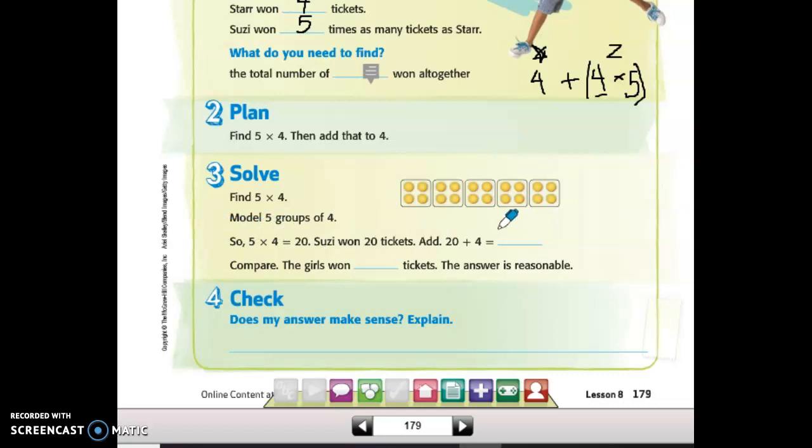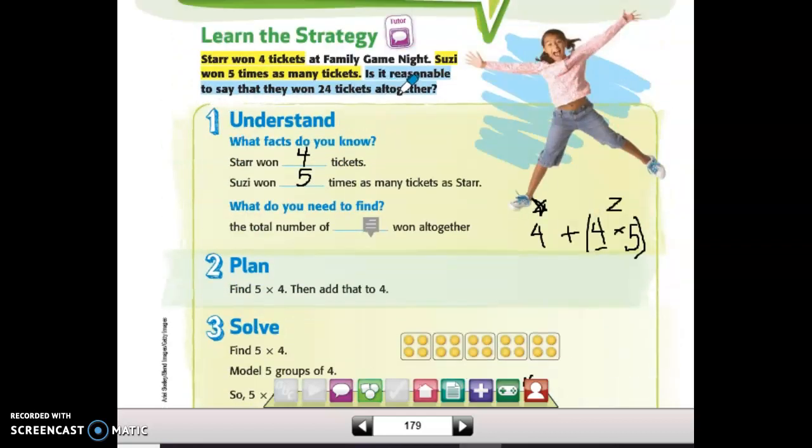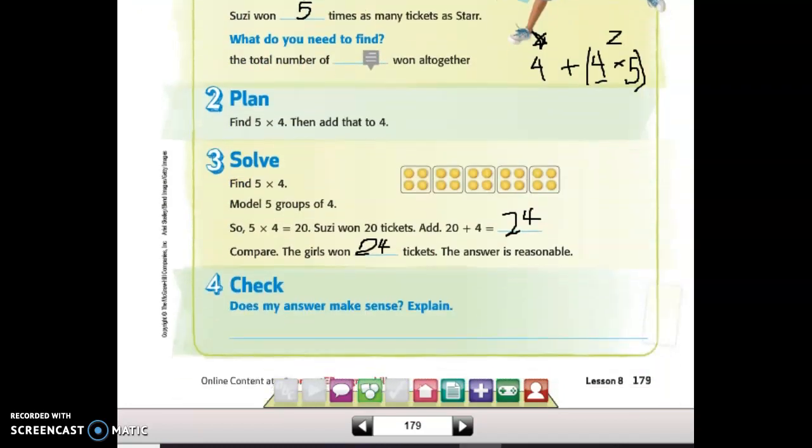Add 20 plus 4 is 24. Compare. The girls won 24 tickets, which is equal to the estimate that they made. Is it reasonable to say that they won 24 tickets altogether? Well, since that's the right answer, yes, I would say that answer makes sense.